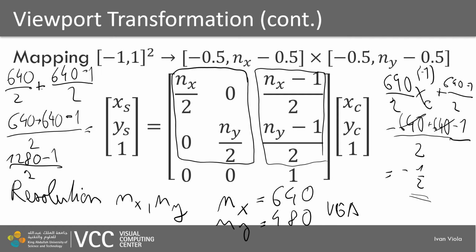And you can see what we want to achieve is nx minus 0.5, so this is equal to 640 minus 0.5. So yes, the other end of this interval is also correctly mapped. And as this is an affine transformation, we will have a smooth transition between -1 mapped to -0.5 and 1 mapped to nx minus 0.5. And the same will hold for the y dimension.